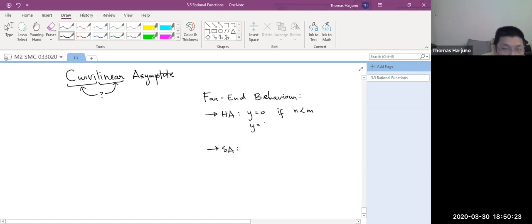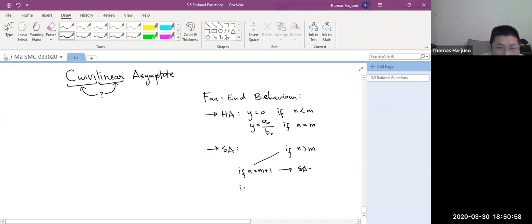It equals the leading coefficient over the leading coefficient if the degree at the top equals the degree of the bottom. Now, what happens if the degree on the top is more? If the degree on the top is only one more than the degree at the bottom, then we have a slant asymptote.